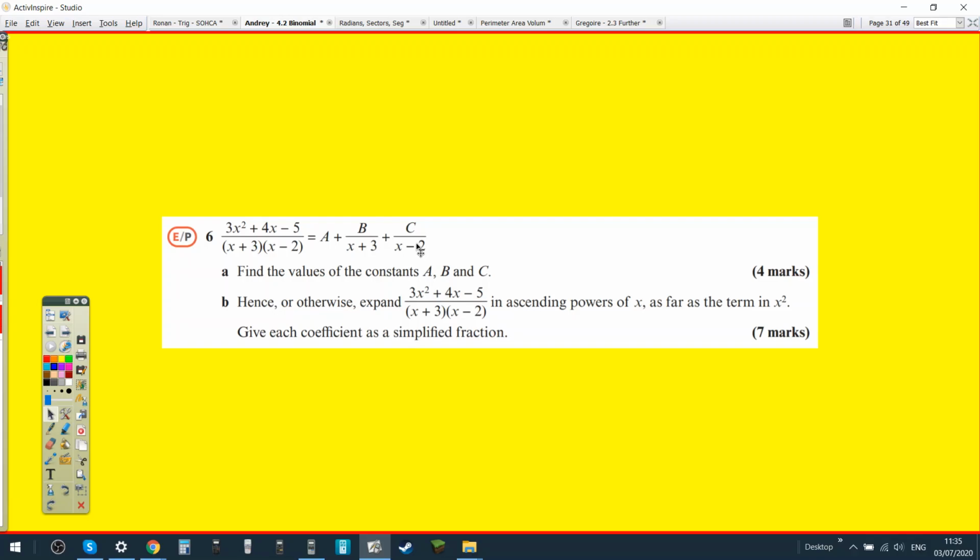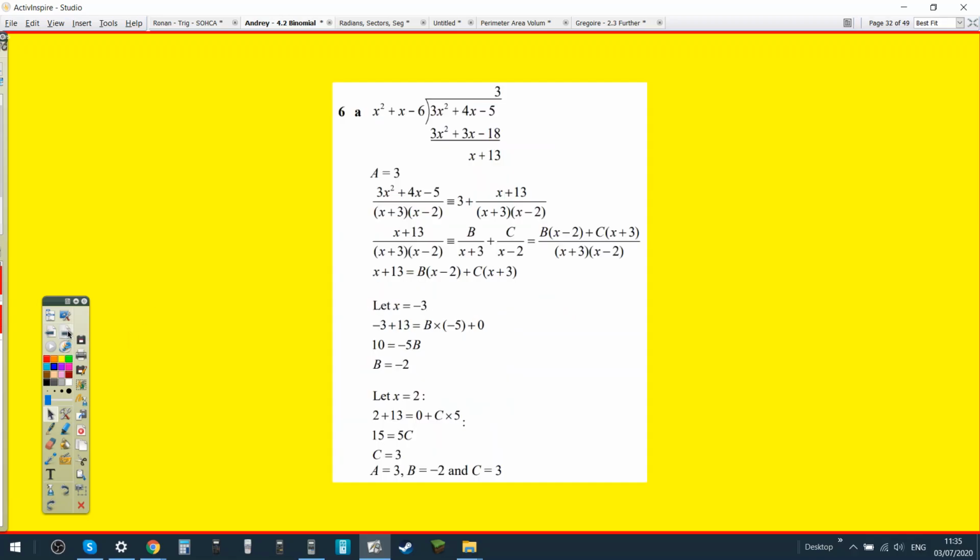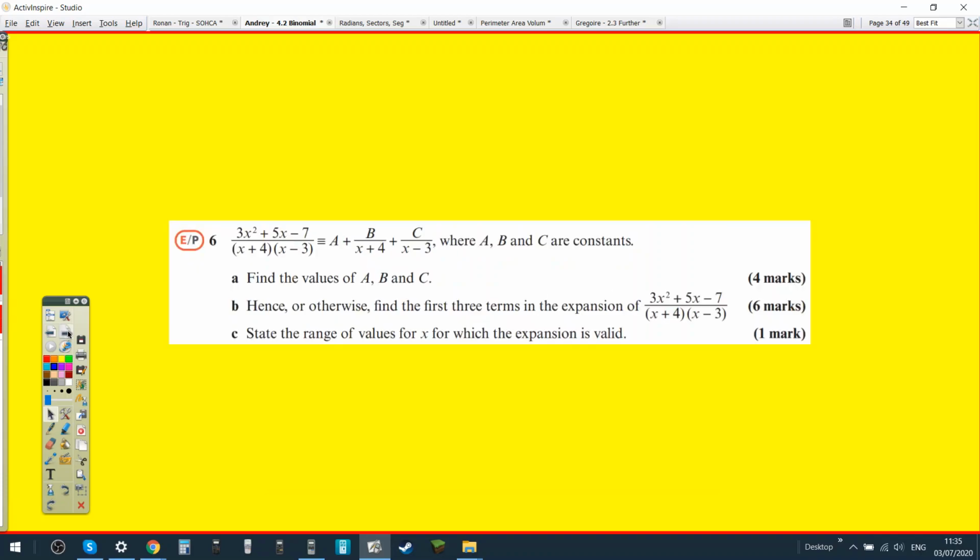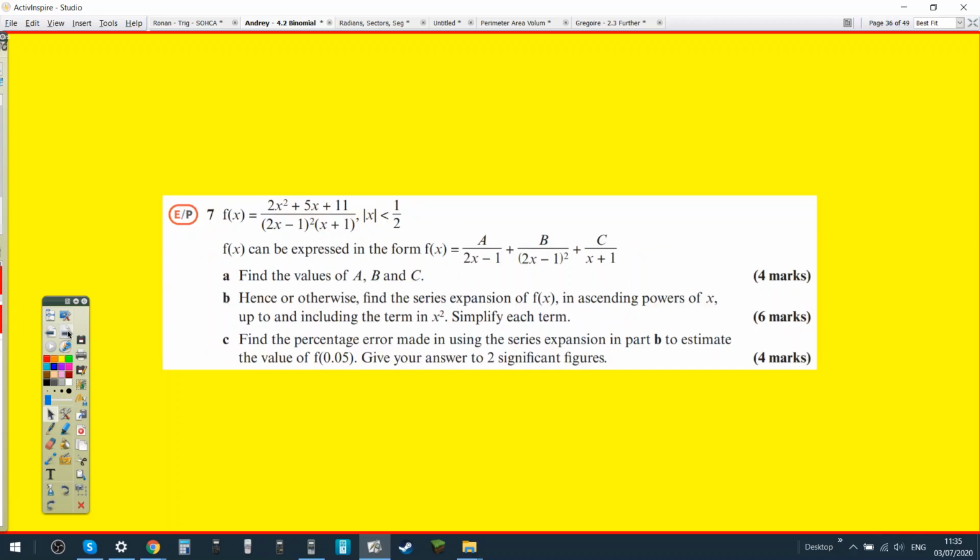Let me take a look at this. But it's just partial fractions, really. Once you have the partial fractions, then you're fine. This one, again, yeah, partial fractions.